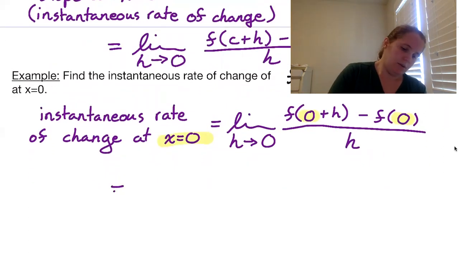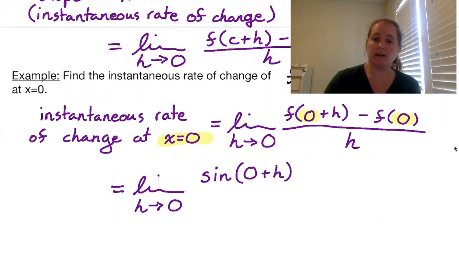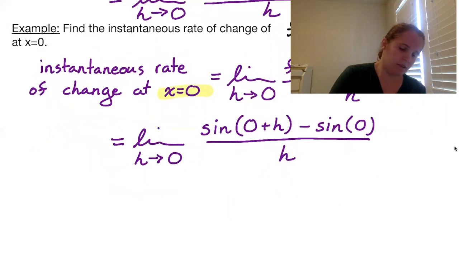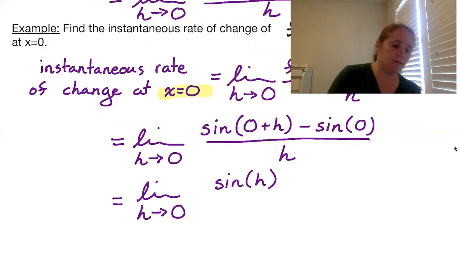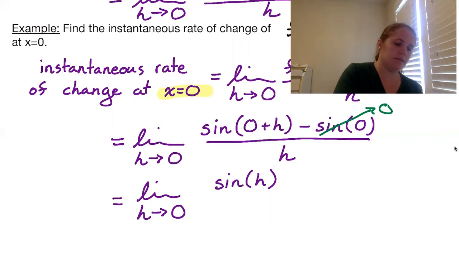So we know that we are working with the limit as h goes to 0 of sine of 0 plus h, otherwise known as sine of h, minus sine of 0 all over h. This is the limit as h goes to 0 of sine of h minus sine of 0, which is just 0, so that disappears.